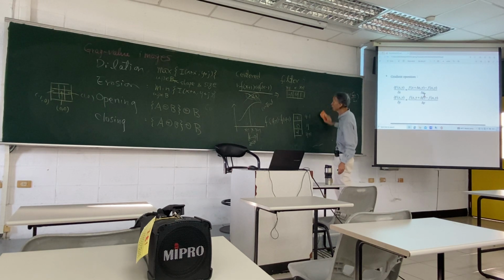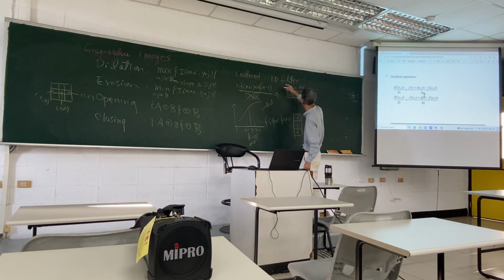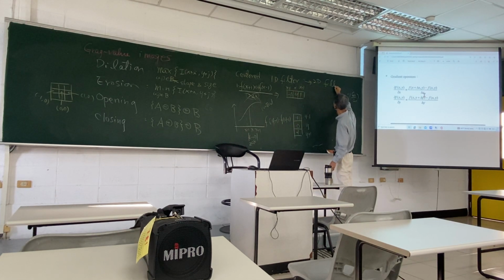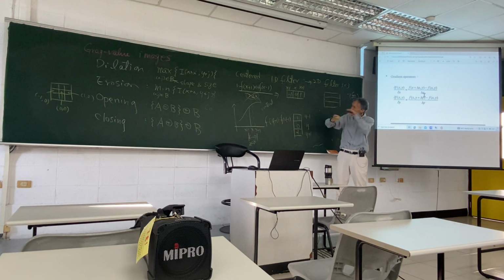And now we are going to extend this 1D filter to a filter with a 3x3. What can we do? We just repeat it. Because in a two-dimensional image, we just look at one dimension. It is too unstable.